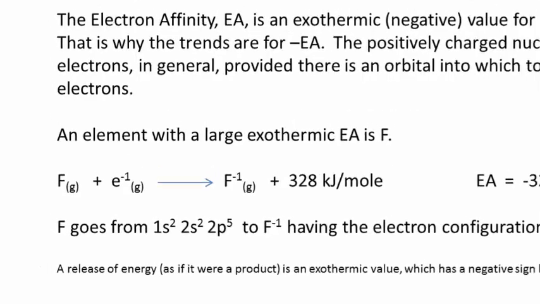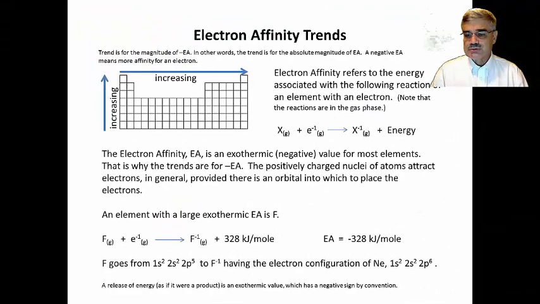And doing so releases 328 kilojoules of energy. When there is a release of energy, we refer to this as an exothermic reaction, and we give it a negative sign. So we say that the electron affinity is minus 328 kilojoules per mole. And then at the bottom I say, as fluorine goes from 1s2, 2s2, 2p5 to fluoride, which has the electron configuration of neon, 1s2, 2s2, 2p6.